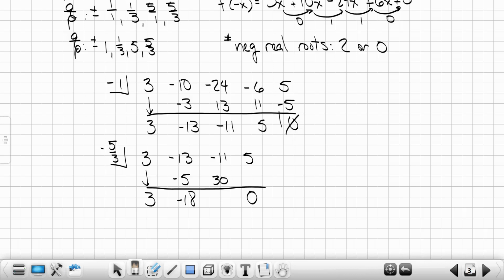That's still 30. But negative 5/3 times 3 is negative 5.